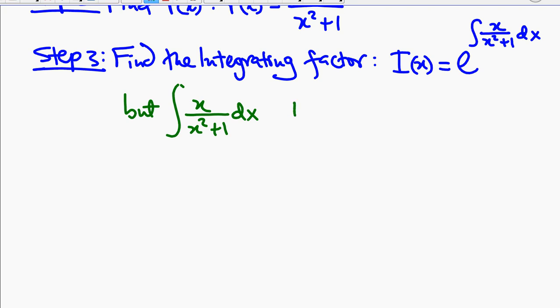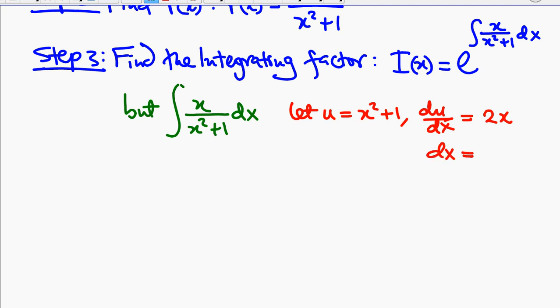Let u be equal to x squared plus 1. du over dx will be 2x. So dx will be du over 2x.